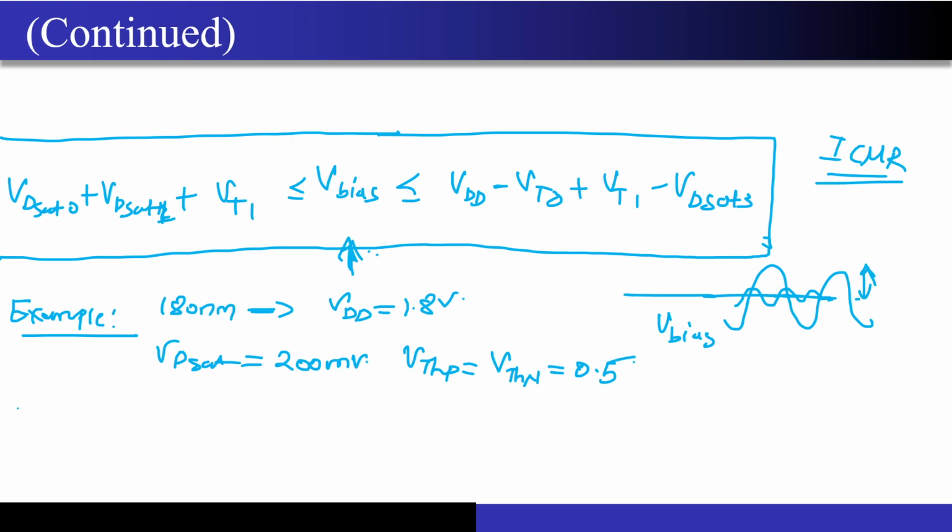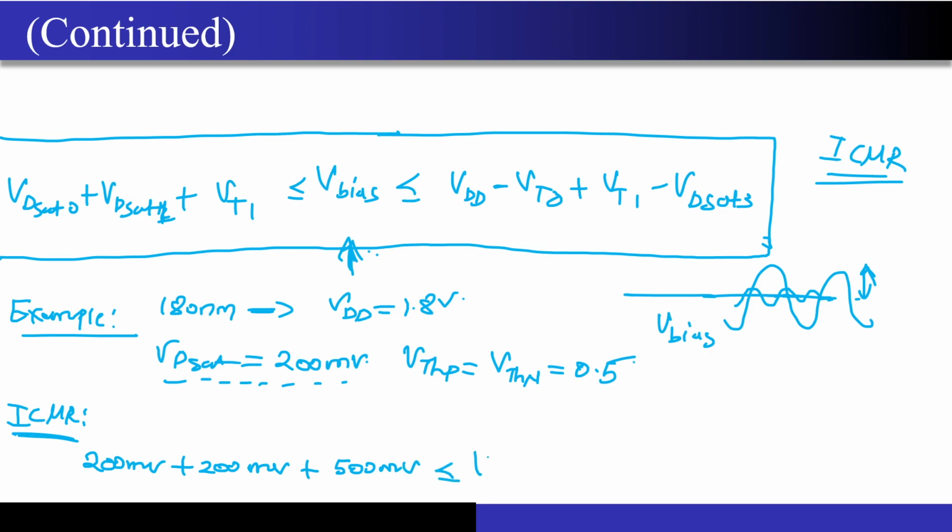So now let's look at the input common mode range, this particular bound that we had placed. VDSAT for all transistors is 200 millivolts. So VDSAT of M0 is 200 millivolts plus VDSAT of M1 is 200 millivolts plus one threshold voltage of 500 millivolts.